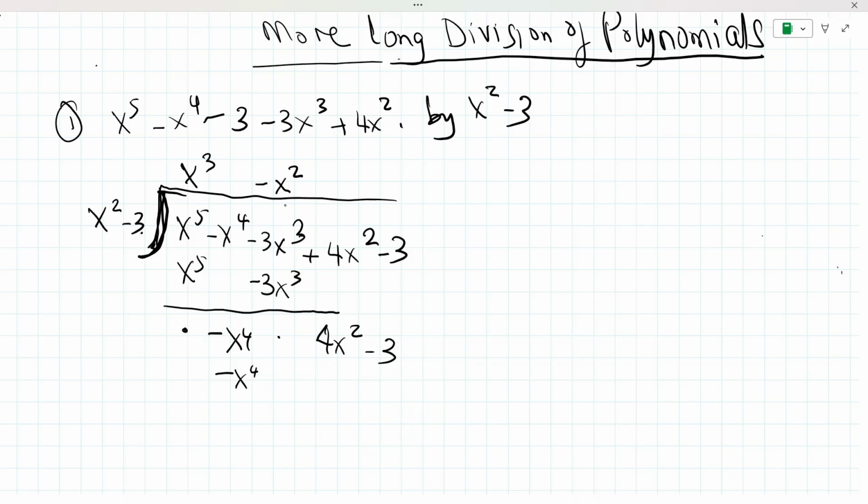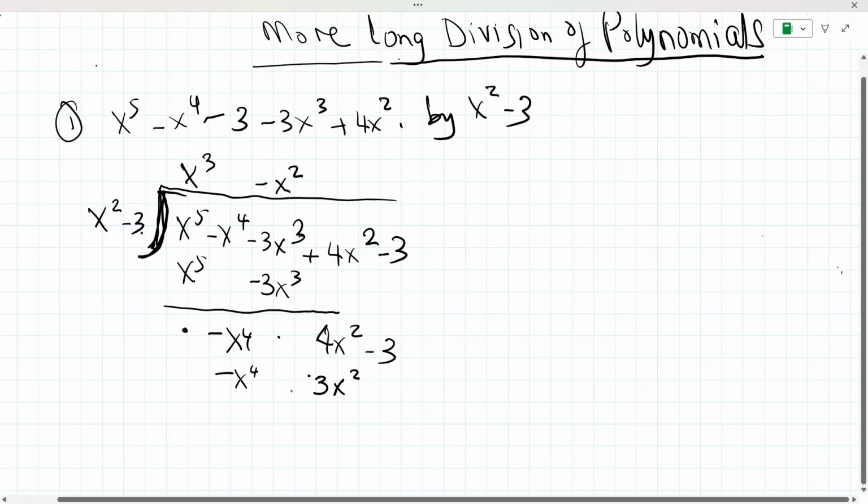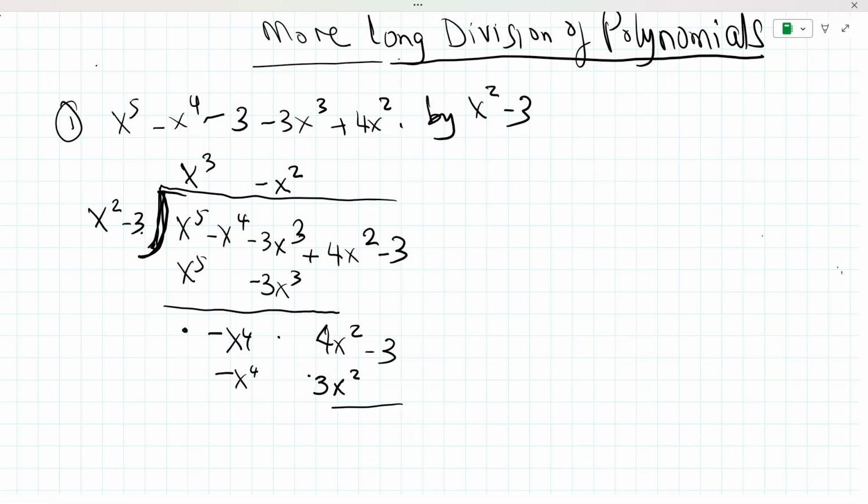And then we multiply that same expression, minus x squared, by minus 3, which will give us 3x squared. And so we will now have to subtract the new expression from the old one. And x to the power 4 minus x to the power 4 gives us 0. And then 4x squared minus 3x squared will leave us with x squared. And then we have our negative 3 here.